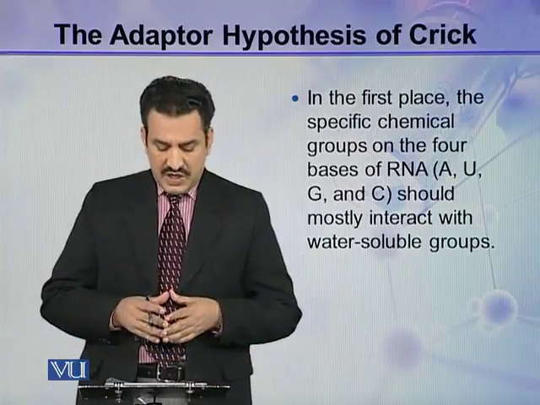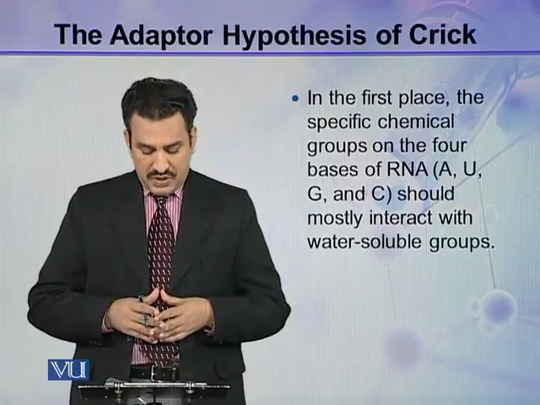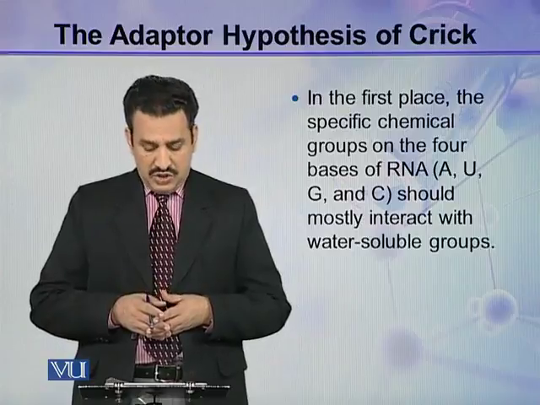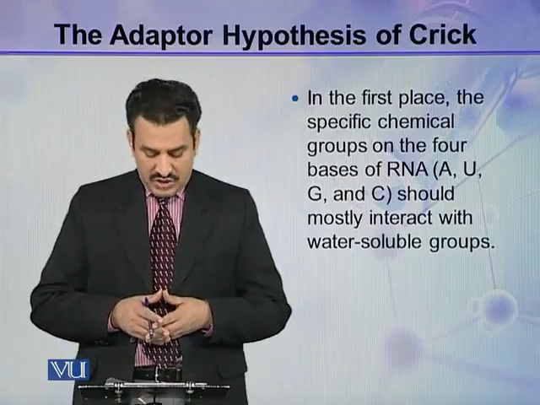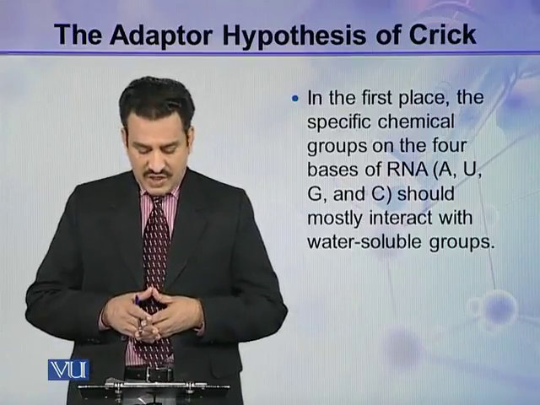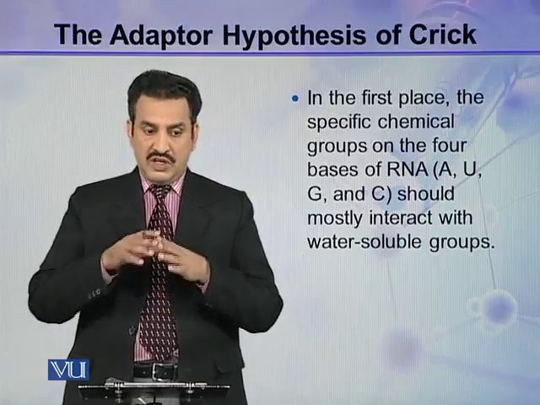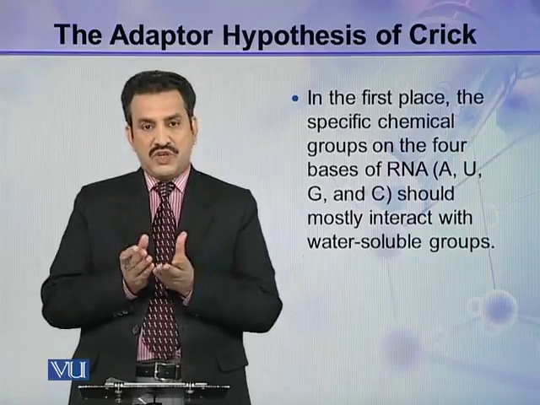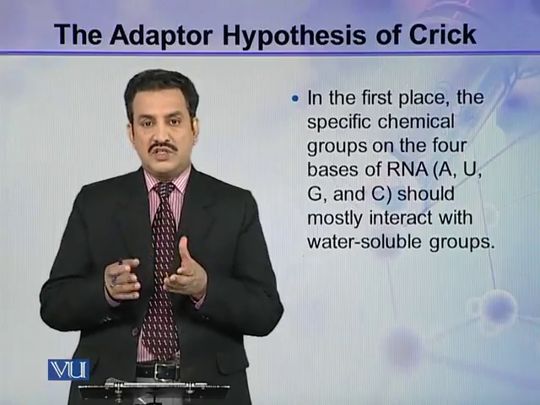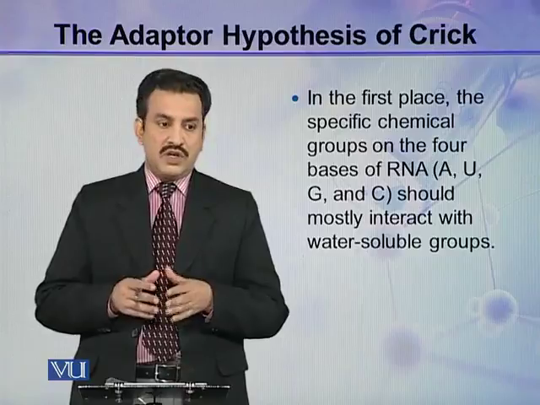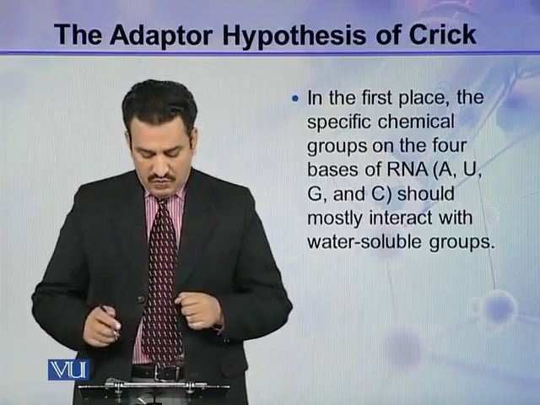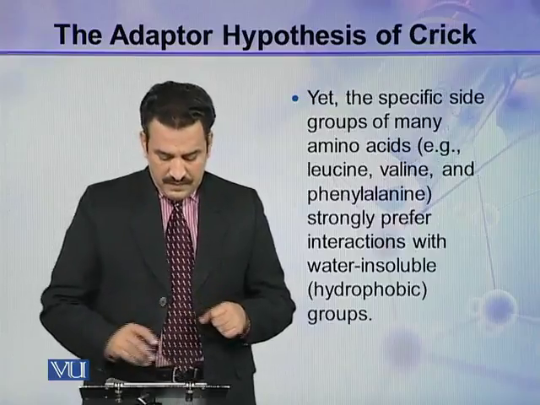In the first place, the specific chemical groups present on the 4 bases of RNA, that is adenine, uracil, guanine and cytosine, should mostly interact with water-soluble groups. The substrates or atoms on these nitrogenous bases would prefer only interactions with water-soluble groups.